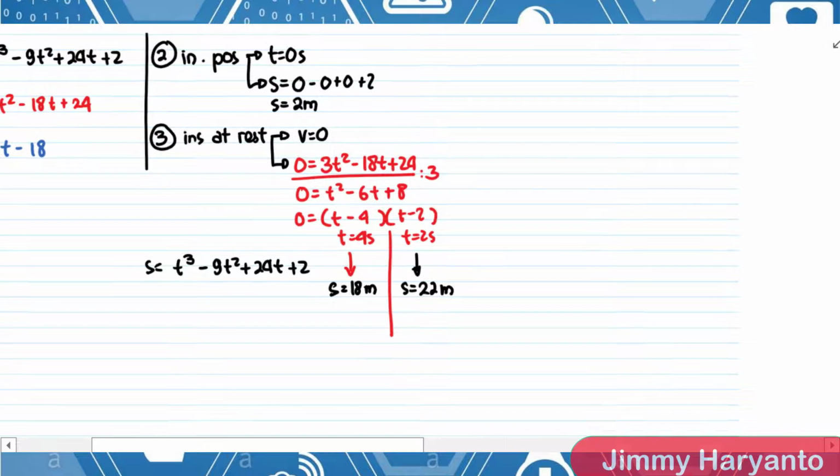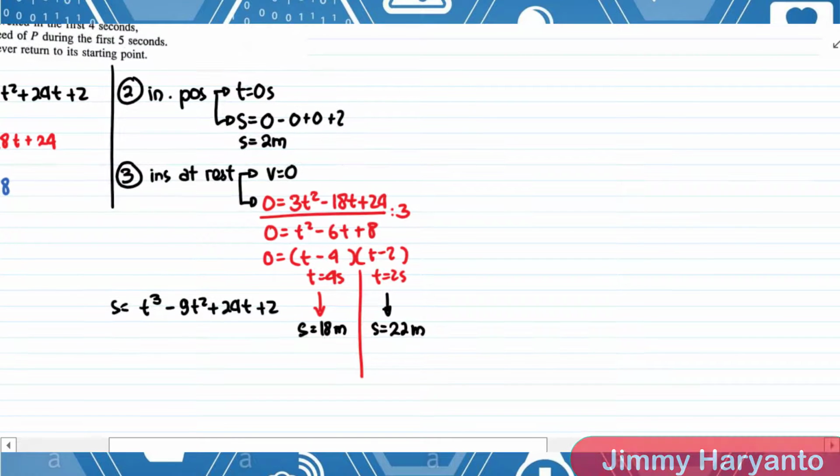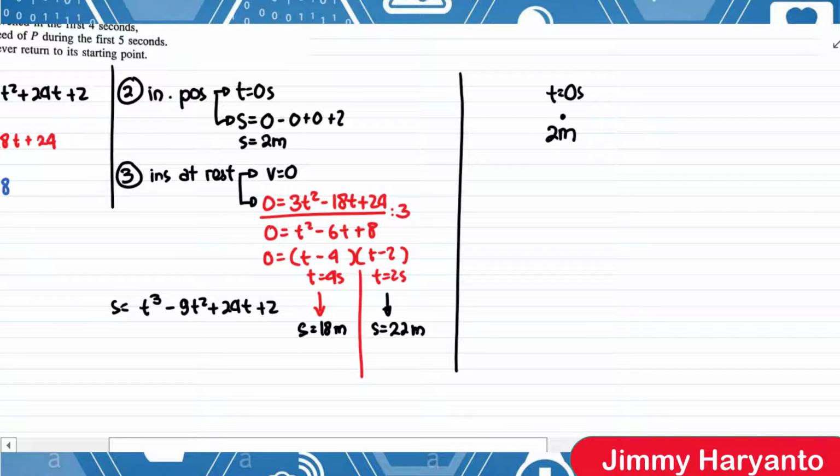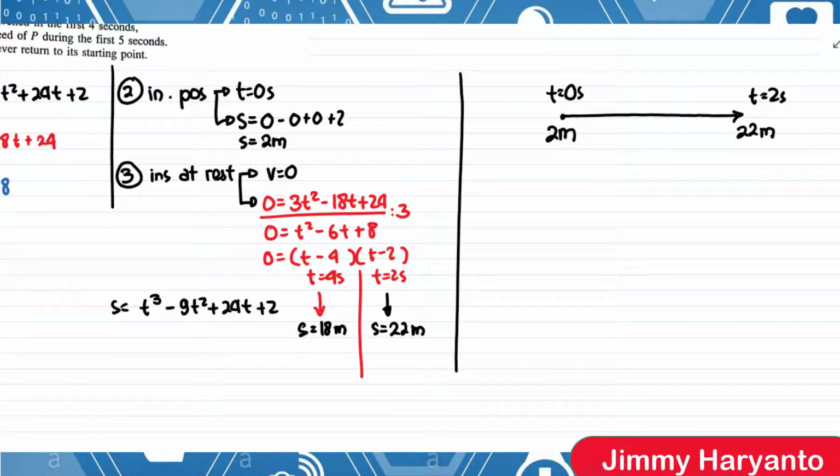Now it's time for us to sketch a little bit the motion of the particle. The first position is 2 meters from O, and it happens when t equals 0 seconds. The particle will go to the right side until time equals 2 seconds, where the position is 22 meters.